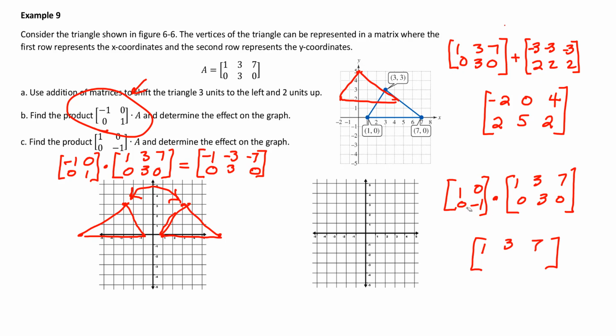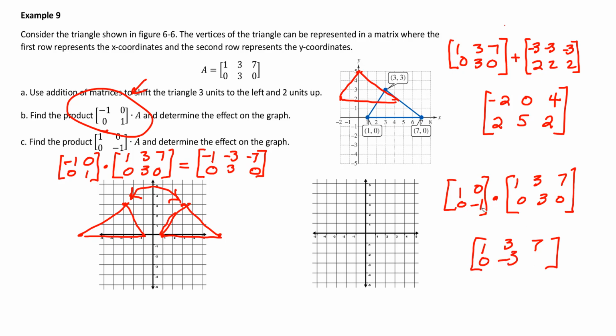Then I'm going to go across the bottom row of the first matrix, 0, -1, going down the first column of the second matrix. So 0 times 1 is 0, -1 times 0 is 0, so that's 0 plus 0, which is 0. Then the second column: 0 times 3 is 0, and -1 times 3 is -3. So 0 plus -3 is -3.